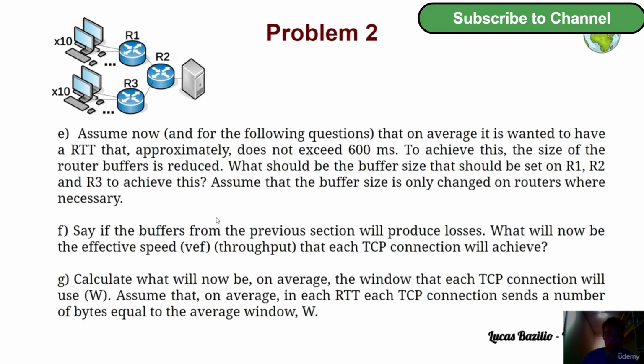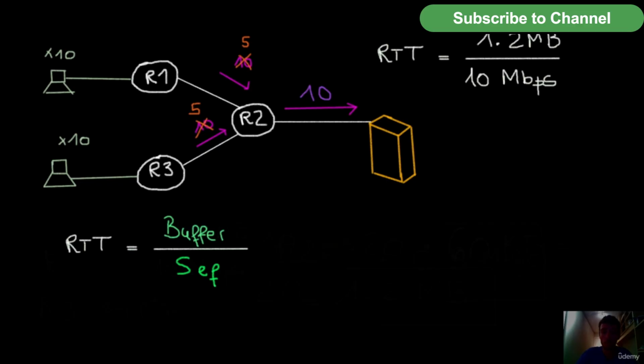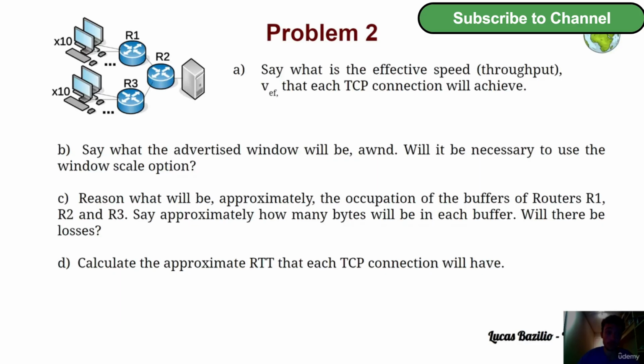So, on this question, essentially what we want is that, in the round trip time equation, we don't want this value to exceed 600 milliseconds. Very important, remember that we already saw in question C what was going to be the occupation of the buffers of router 1, router 2, and router 3.